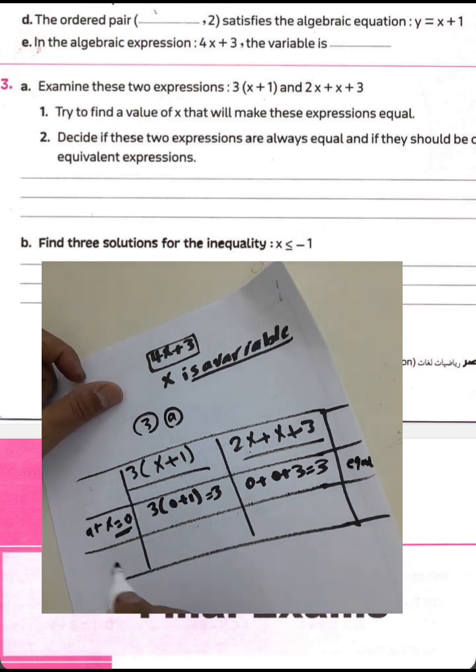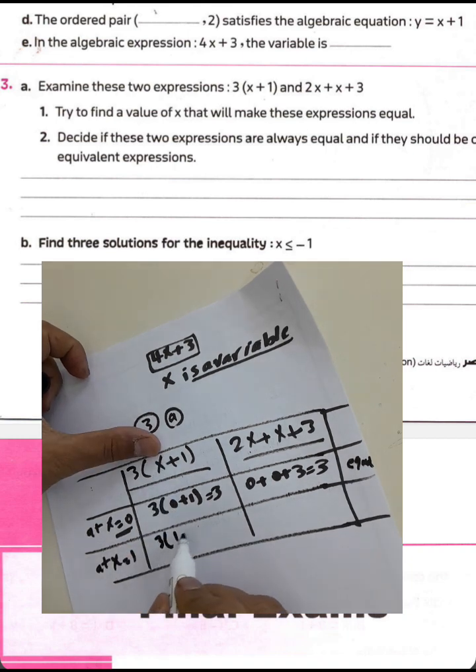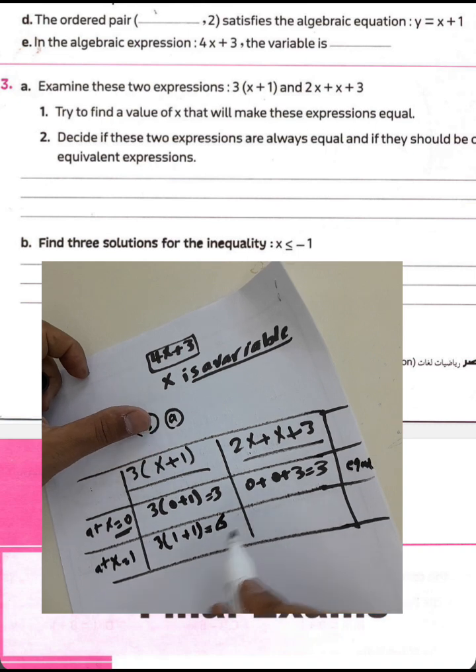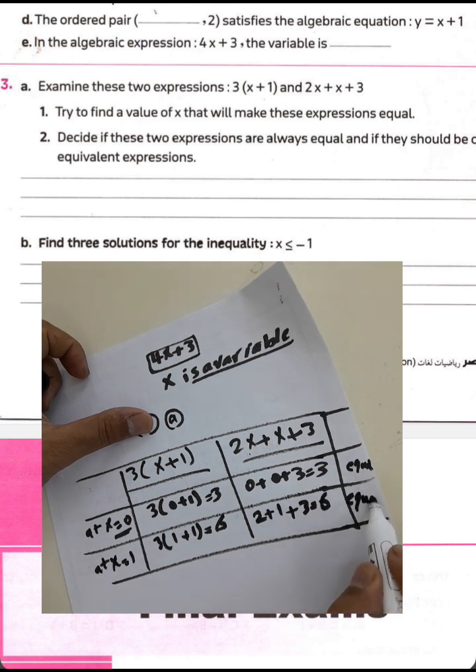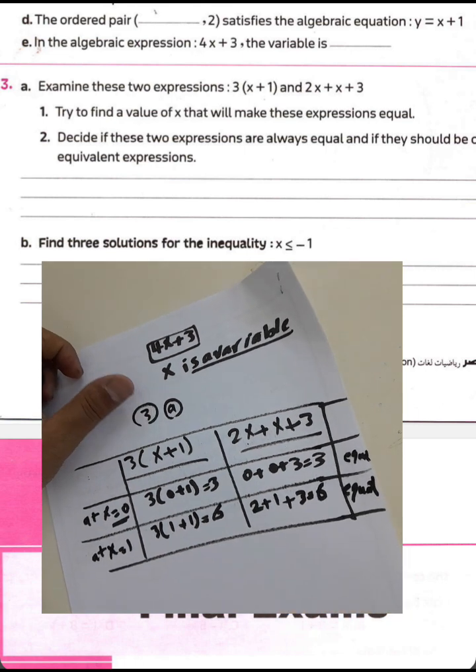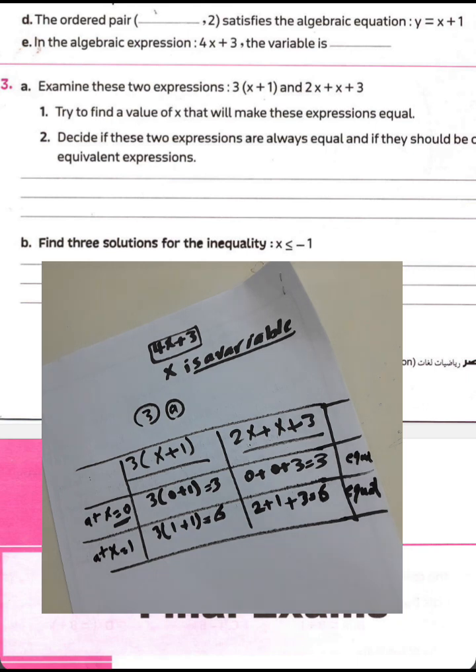And at x equal 1, put 1 here, 3 times 1 plus 1 is 3 times 2 equals 6. And 2 times 1 equals 2, plus 3, it will be 5 plus 1... it will be 6. It will be what? Equal. Then the two expressions will be equivalent.